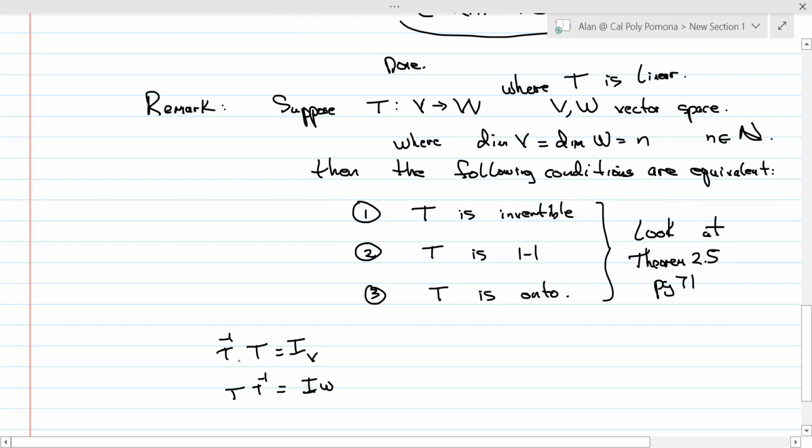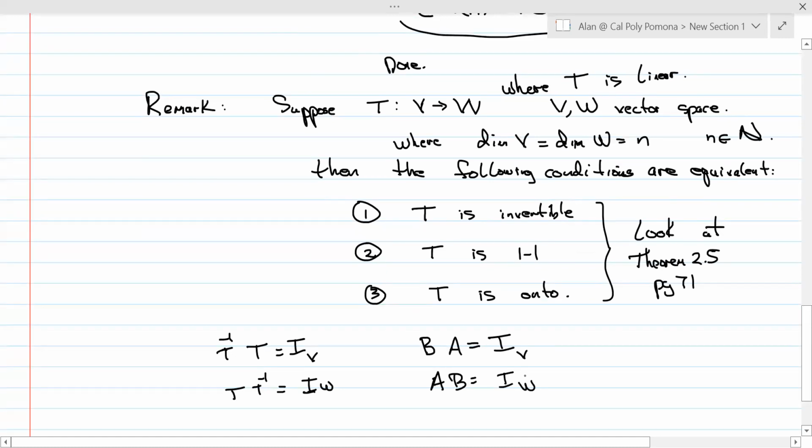Suppose the matrix going with this guy is A, and the matrix going with this guy is B. So if we're thinking of the linear transformations to be matrices, then we'd want the product of these matrices to be, in this case, the identity matrix on V. And similarly over here, AB would be the identity matrix on W.